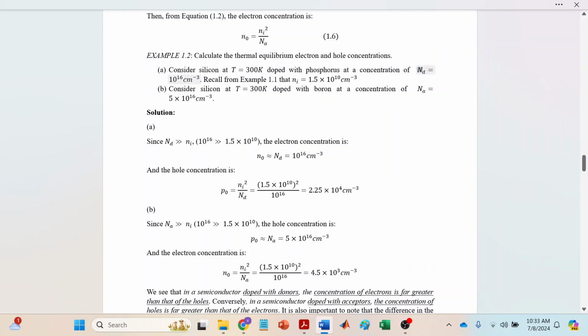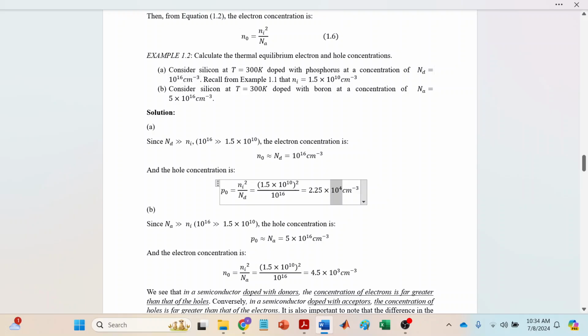The donor concentration is given by 10 raised to power 16, and we know from the first calculation what our intrinsic carrier concentration is. Given that the donor concentration is far greater than the intrinsic carrier concentration, we replace the electron concentration in thermal equilibrium with 10 raised to power 16. So we calculate the hole concentration as 10 raised to power 4.